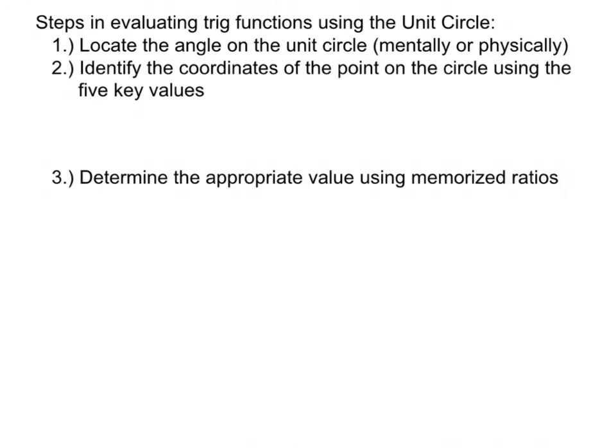The second step is to identify the coordinates of that point on the unit circle. And you're supposed to use those 5 key values. And remember, the 5 key values were 0, 1/2, the square root of 2 over 2, the square root of 3 over 2, and 1. When you identify the coordinates of the point on the unit circle, it will always be a combination of 2 of these values.